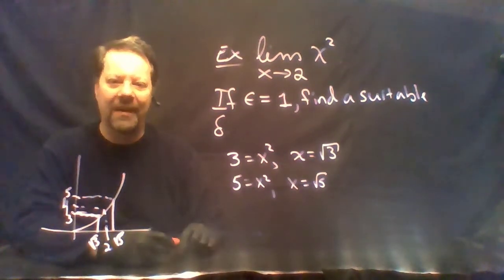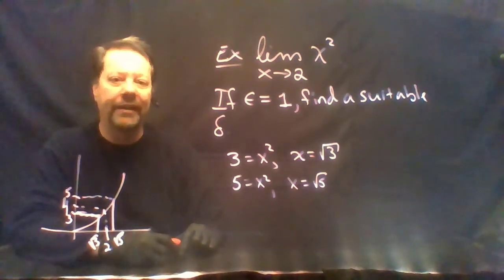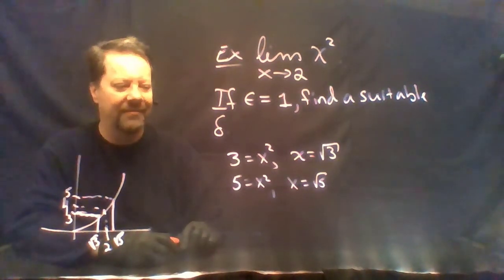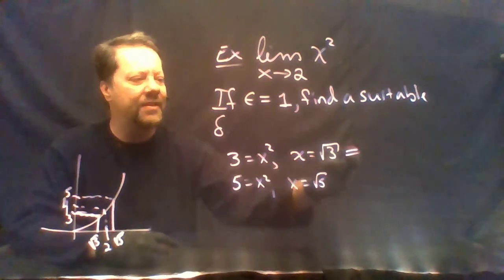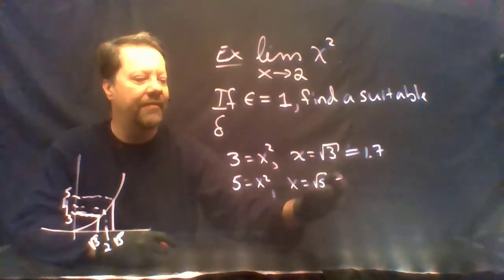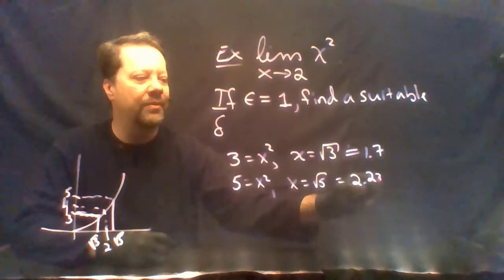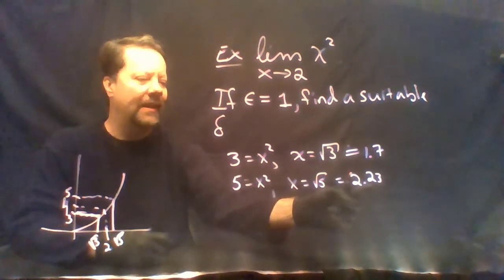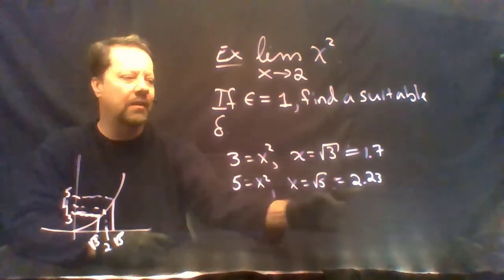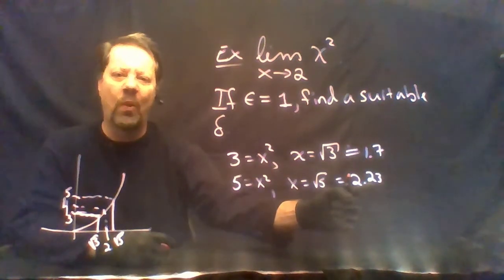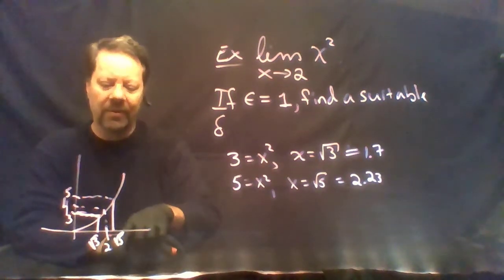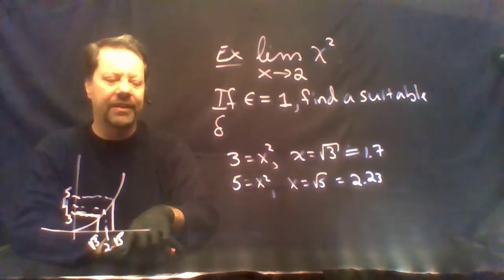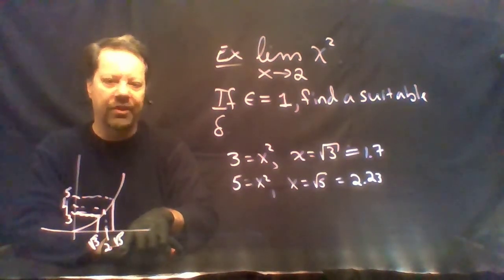The square root of 5 is about 2.23-ish. So you can see if this is about 1.7 and if this is about 2.23, we need to make our delta smaller than about 0.2. We're going from 1.7-ish to 2.2-ish.